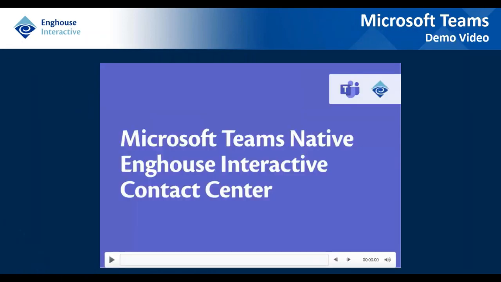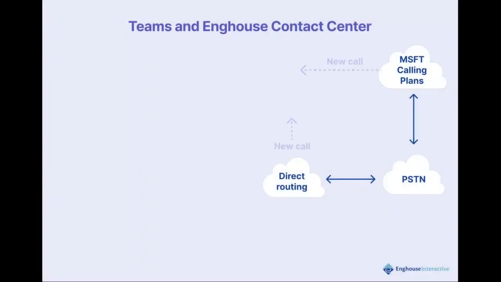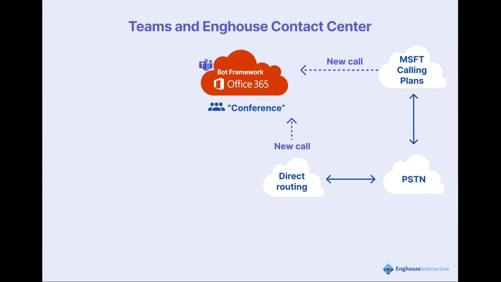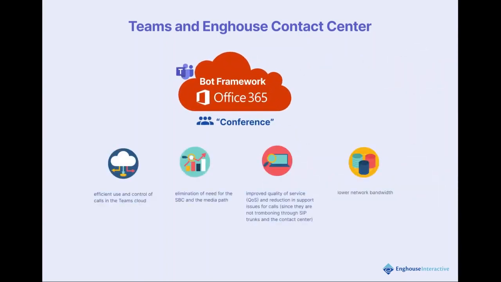Now, with native, I have a little video here to show you. Now, there are no changes to our presence functionality, which is already natively integrated to Teams. However, on the calling side, the benefits of moving to native Teams calling integration are mainly in the infrastructure.